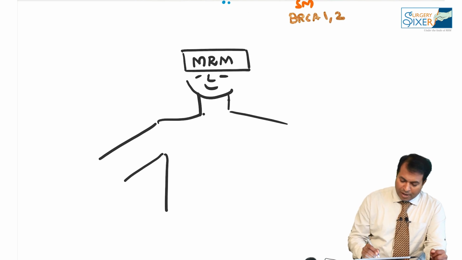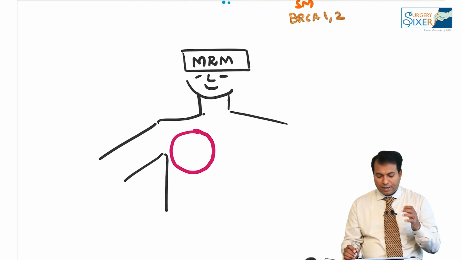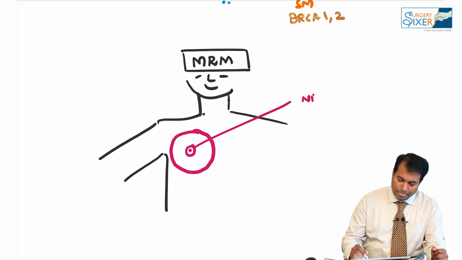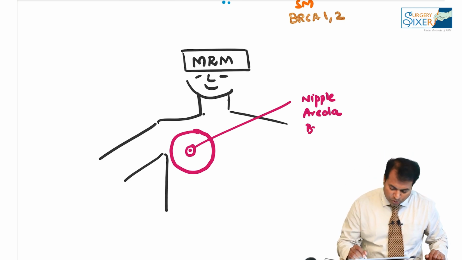Now modified radical mastectomy is removal of the entire nipple, areola, and we remove the entire breast tissue.